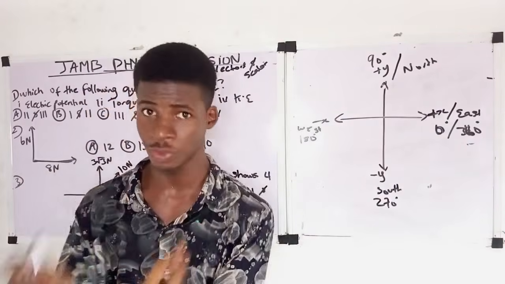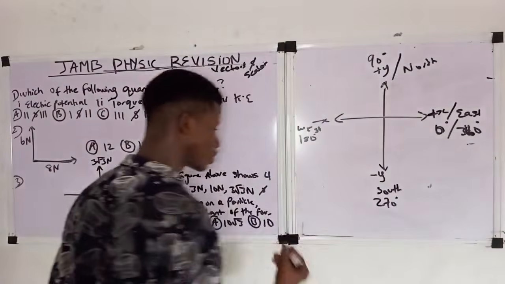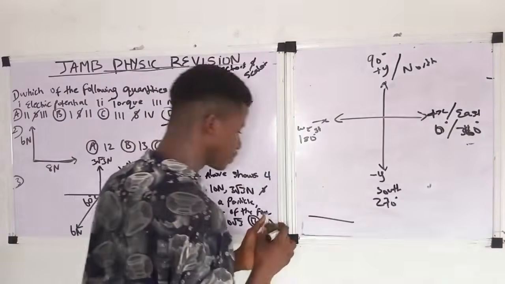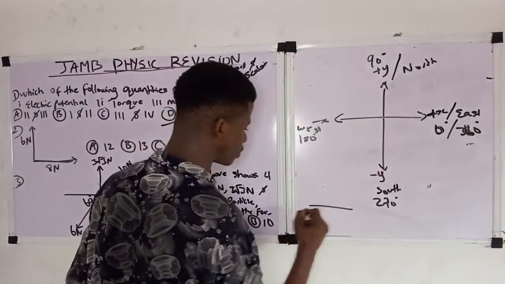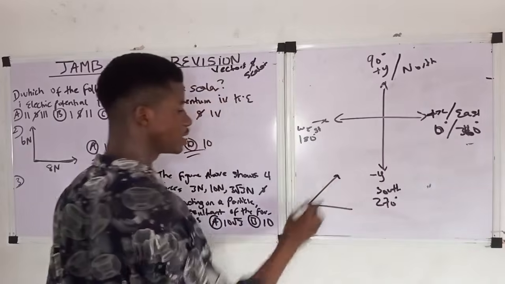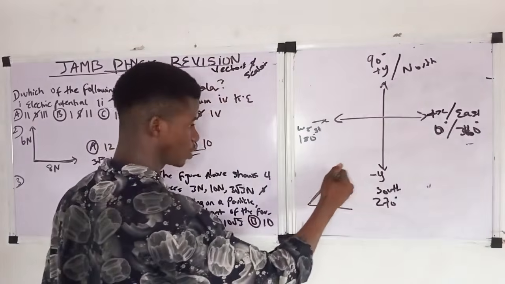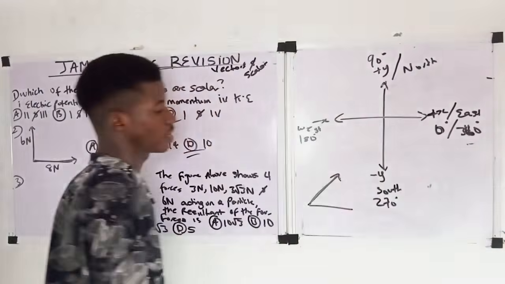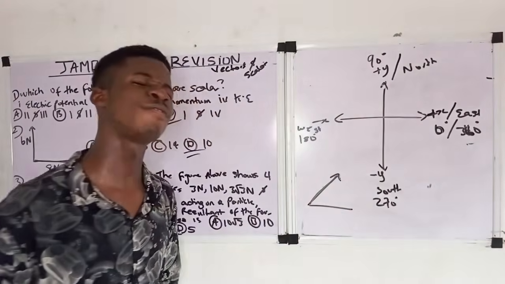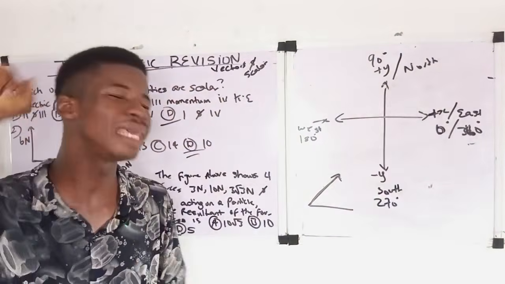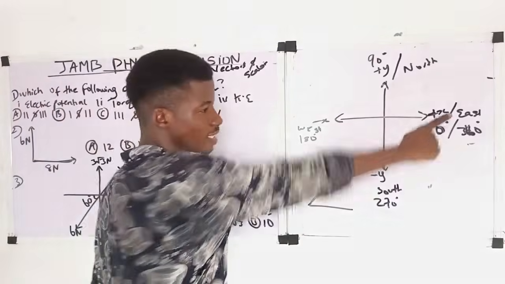When forming an angle, let's say for example this is a particular vector inclined at an angle. When forming an angle, we make reference to the positive x-axis.